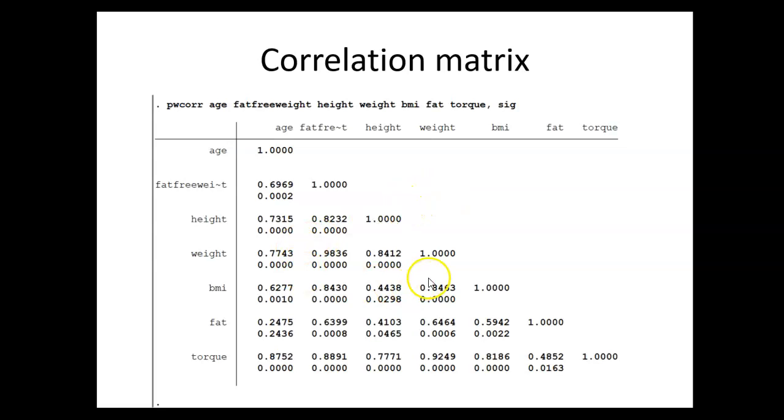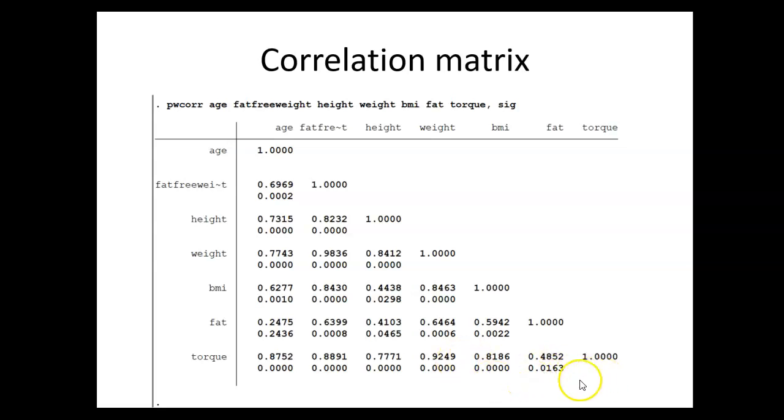This was what we had in Stata. We might want to look at which variable is most strongly related to torque, the amount of force the person can produce. Let's first see if these are all significant. In this case, they are all significant, except for fat percentage, which logically would make sense.